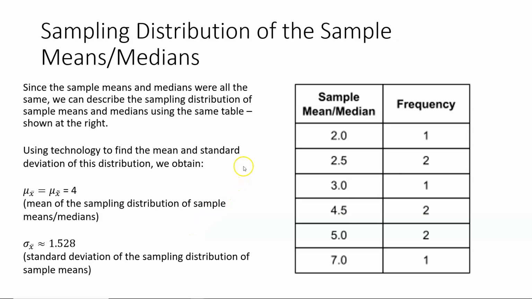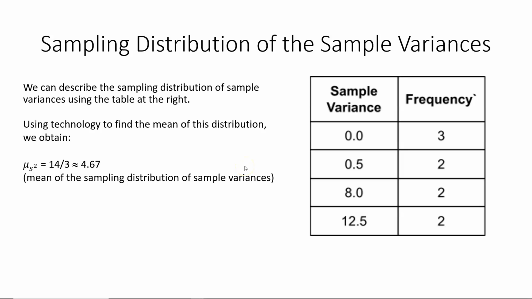Now let's move on and take a look at the sampling distribution of the sample variances. Again, I've used the table that we had on the previous slides to count up how many of each of these sample variances there were in the table. I can again find a mean value for this sampling distribution of sample variances, and here's the notation for that, mu subscript s squared. And I see that the value is 14/3.